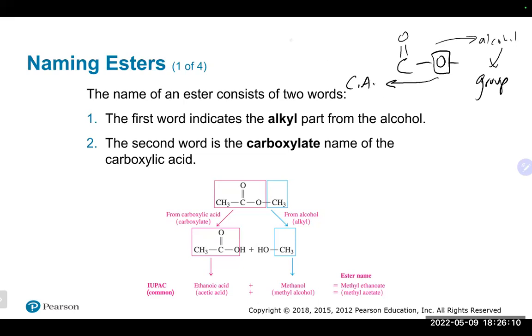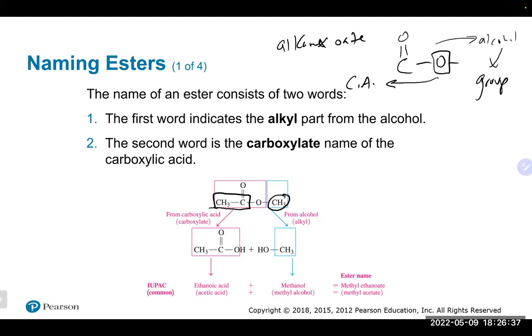And like I said, personally, I go with the alkane, drop the E and put -oate at the end of it. If you want to, you can drop the -ic and put -ate at the end of it as well. Obviously, you drop the acid from the carboxylic acid name. Looking at this one here, we have our methyl group and our 2 carbons here. So methyl ethanoate is our answer.